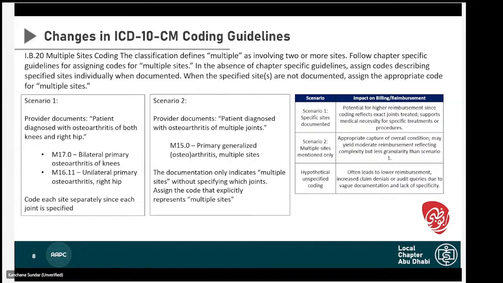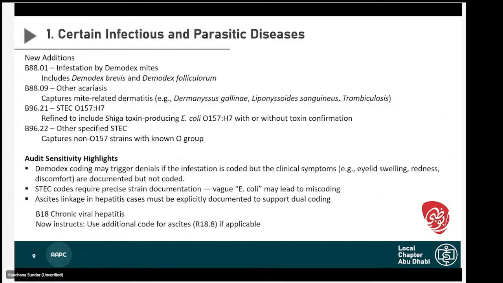And we as coders are allowed to take the multiple joints code or multiple site code. So that's about the coding guidelines on the multiple site coding. And the next one, we are coming to the chapter specific guidelines, and we'll start with certain infectious and parasitic diseases.